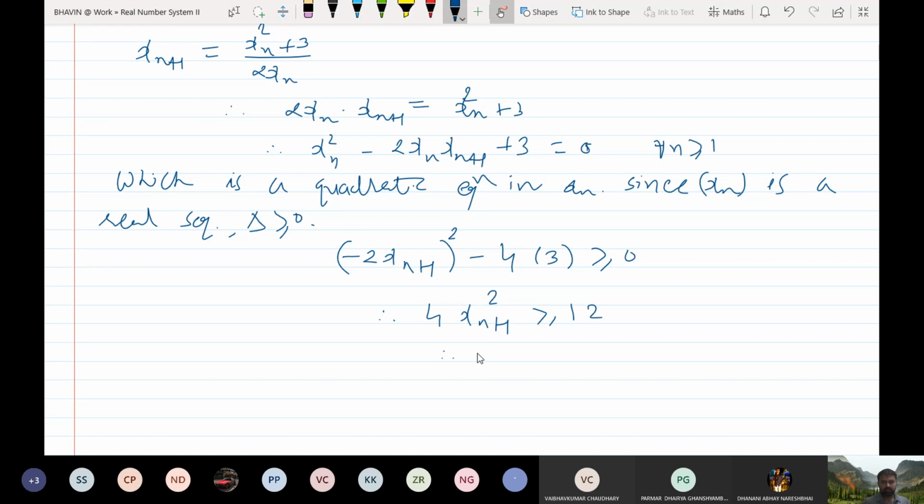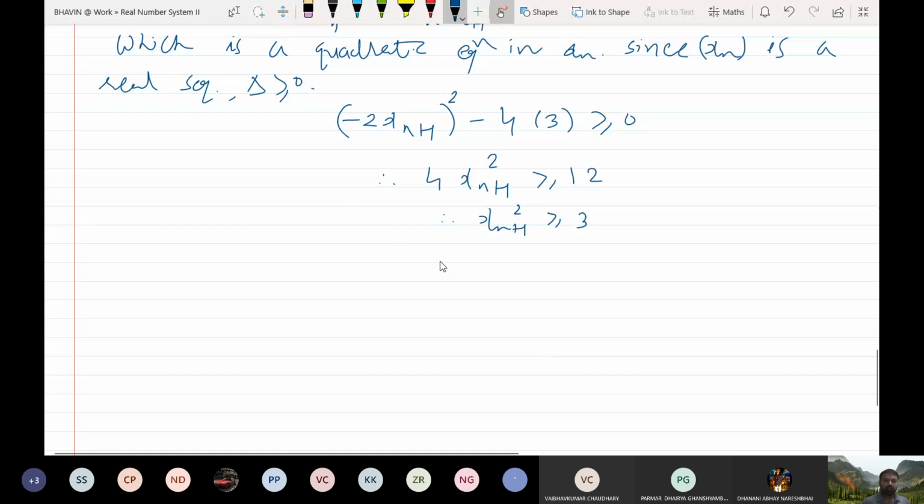So 4 gets cancelled. xn plus 1 is greater than or equal to 3, by taking the root, since xn's are positive, and this is true for all n in N.